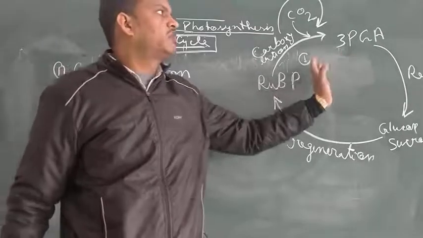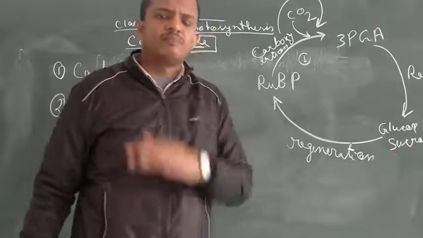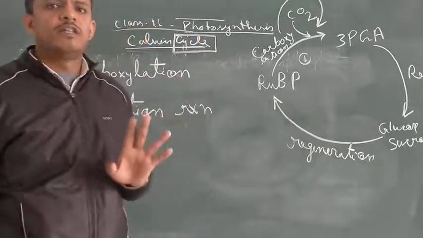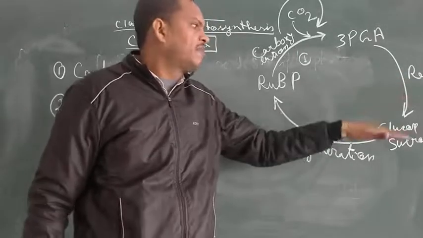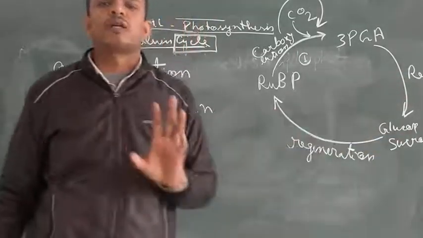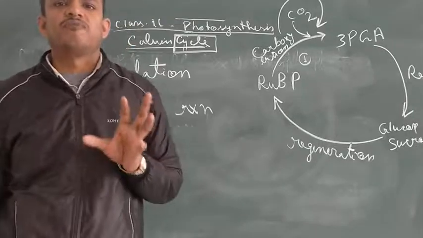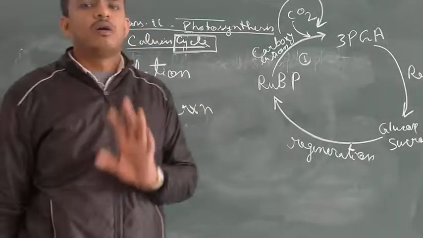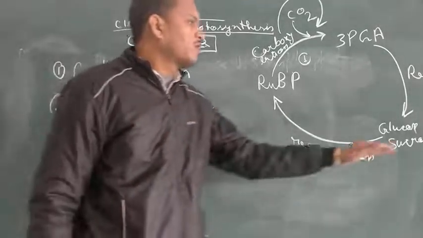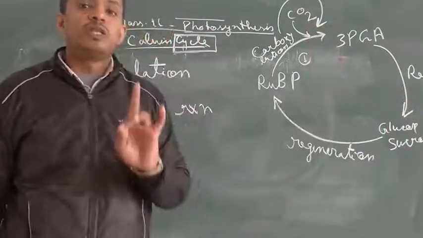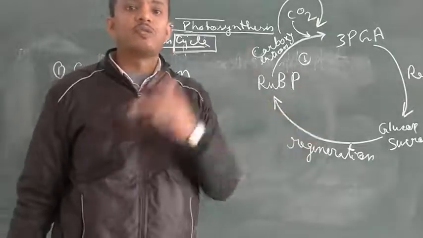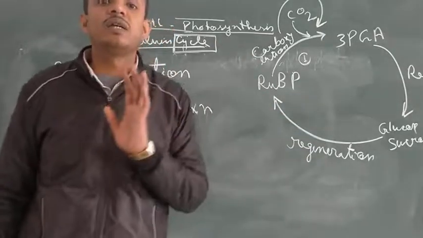This PGA undergoes the process of reduction, which is a multiple step process. After reduction, with the help of different enzymes, it is going to form your desired product, which means the food that they are forming, that is glucose and starch or carbohydrate. After its formation, the RUBP needs to be regenerated in the cycle so that the cycle can continuously take place.